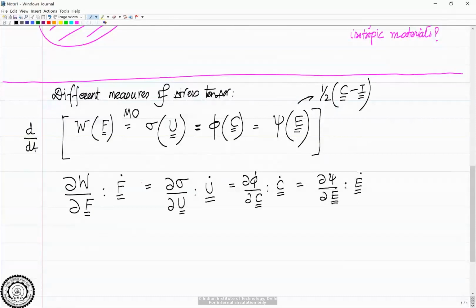Okay, so this is in the form of rate, the power form of stored energy, because it is all W dot.